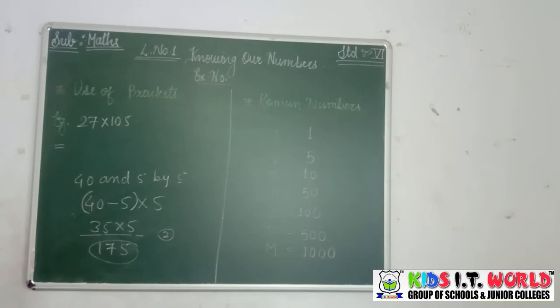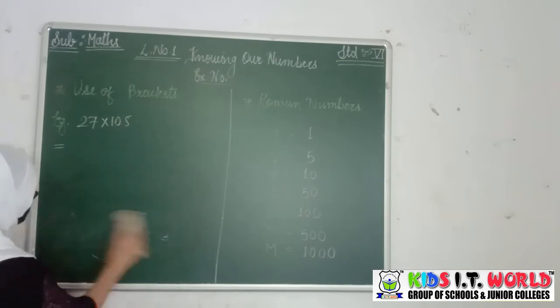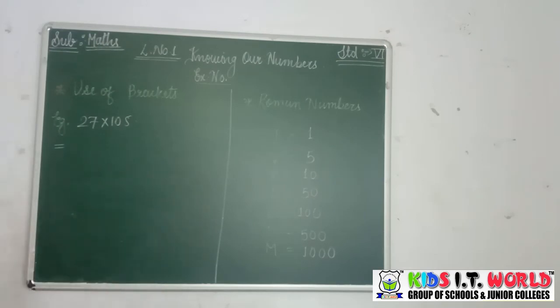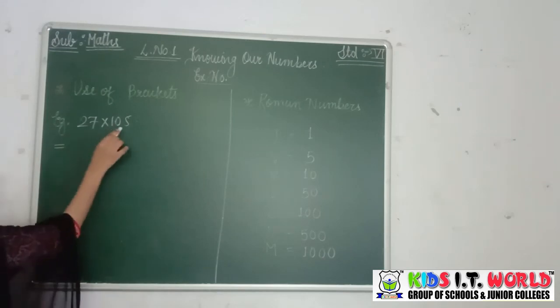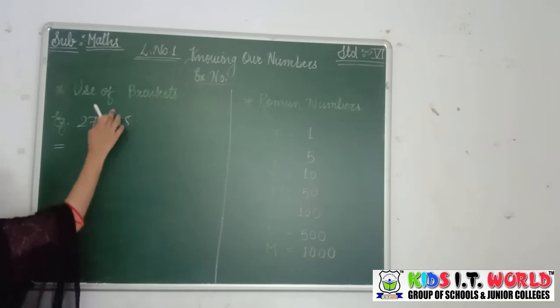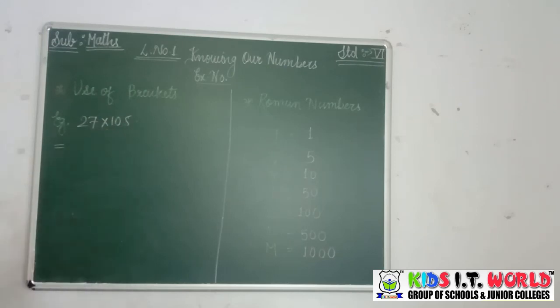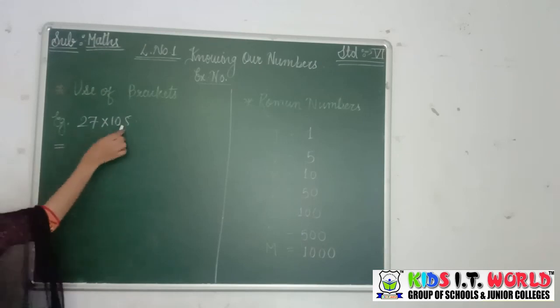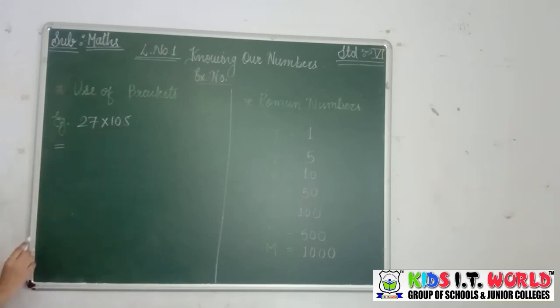Now here we will see how to use the brackets by expanding the numbers. Now here you can see 27 is multiplied by 105. Here the number is large, but you have to use the bracket in this question. So how will you use it? Now you have a question that here are only two values, so directly you can multiply these two values. But in the question they have told you that you have to use the bracket.